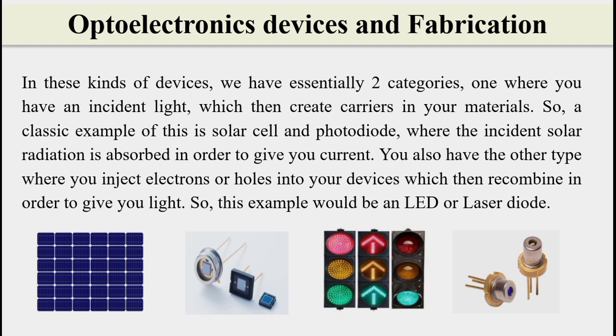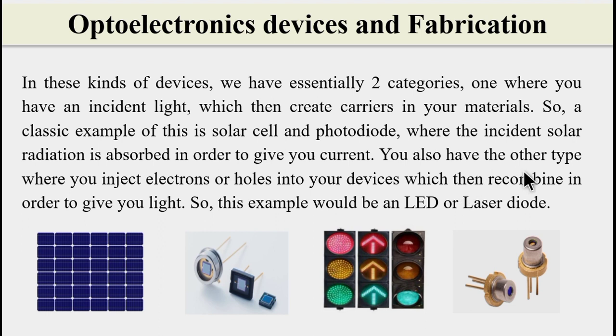One where you have an incident light that then creates the carrier in your materials. The classic example is the solar cell, the solar panel, and the photodiode, where you can generate carrier by incident light, where the incident solar radiation is absorbed and then it gives you a current.